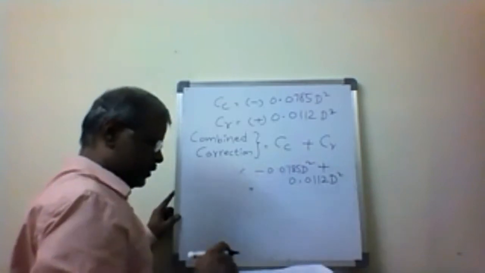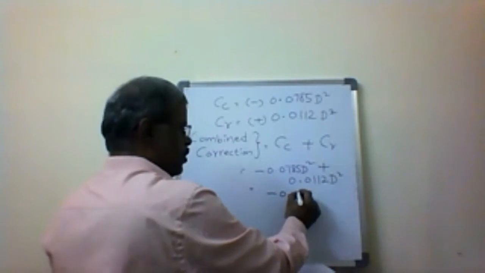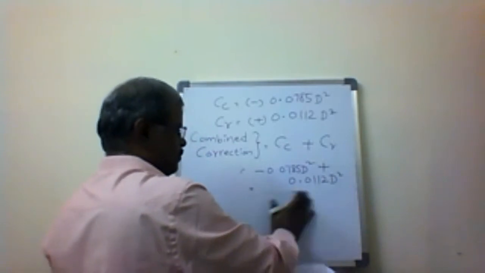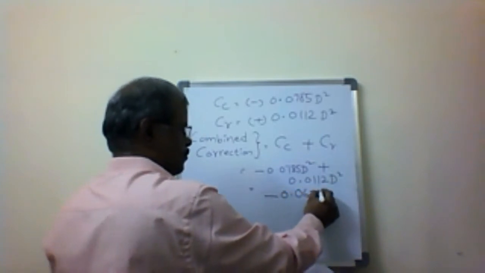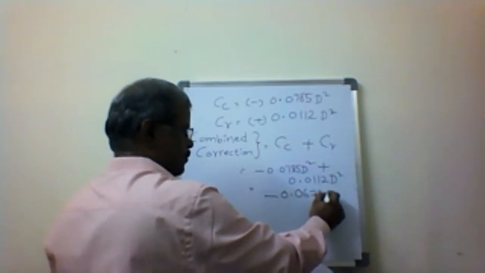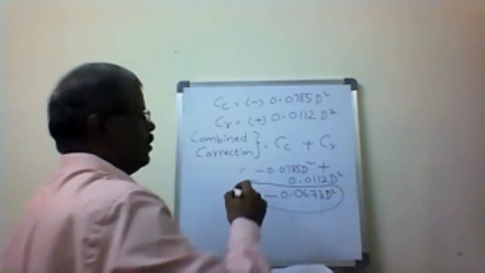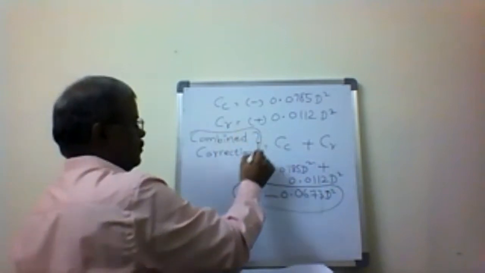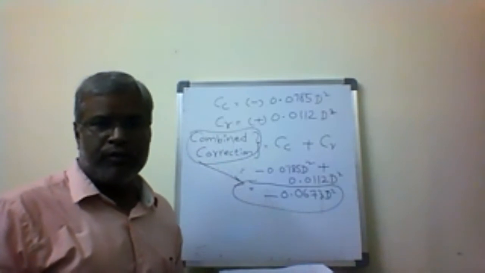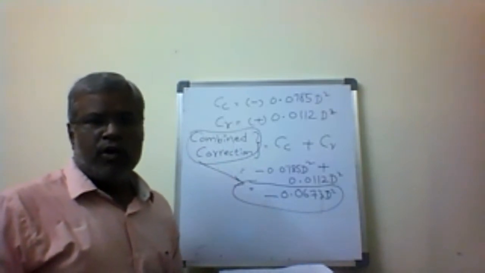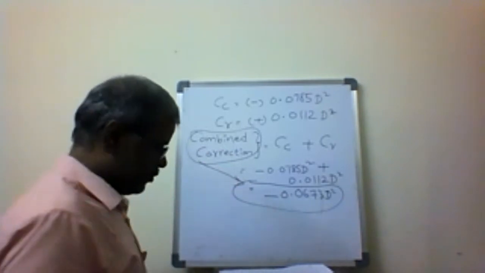So the final value is minus 0.0673. That is the combined correction. So the combined correction is CC, the coefficient of curvature, plus the coefficient of refraction. Your combined correction is also going to be a subtractive one, minus 0.0673 d square.